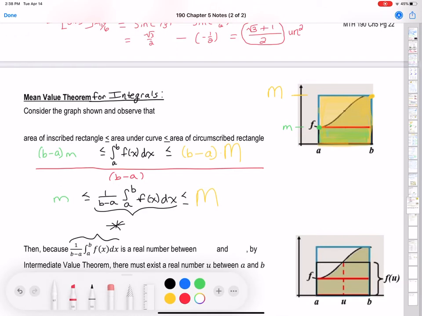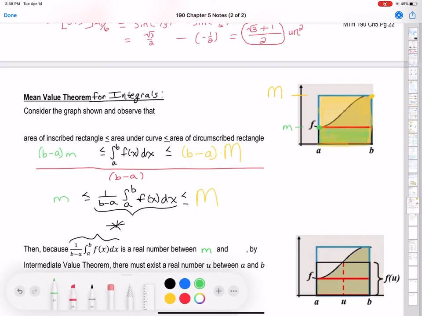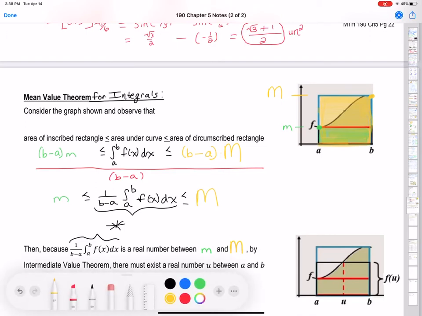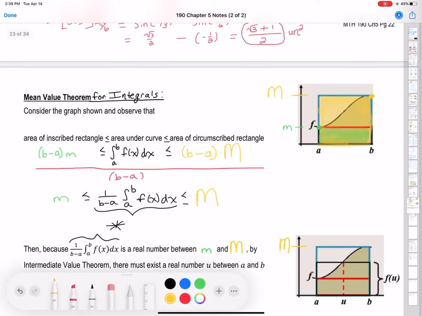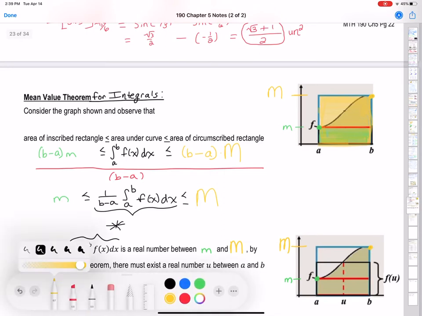So in general, that is going to be bound below by lowercase m, and bound above by capital M. On our picture again, this is capital M, and this is my lowercase m. So that's my lower bound, and this is my upper bound.